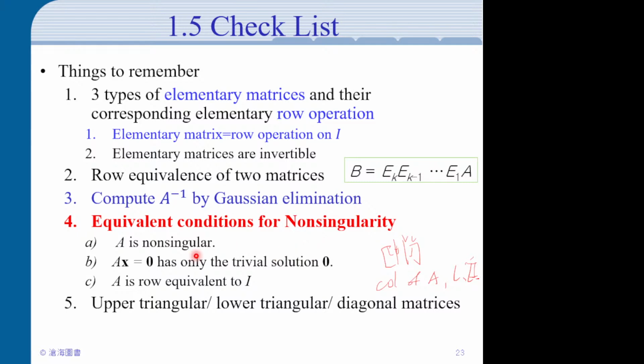If you only have lead variables in a square matrix, then it must be the identity matrix, and that also means A is non-singular. That one is a little harder to see, but basically non-singular means that all the columns form a basis and all the rows form a basis.